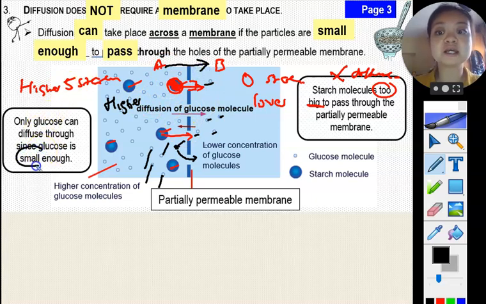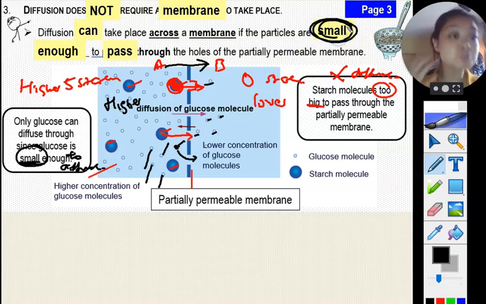Because glucose is small enough to diffuse across. So this explains that diffusion does not require a membrane, but when a membrane is present, the particles must be small enough to diffuse. If not, no diffusion will occur.